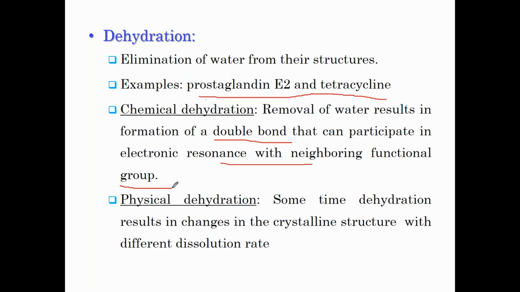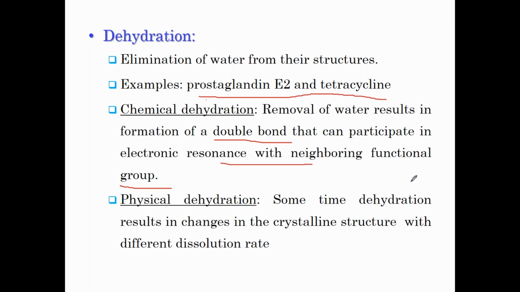What I understand is that it's a chemical interaction, so chemical changes should happen, and that change is happening because of the formation of the double bond. What happens when the double bond is formed? That results in electronic resonance with the neighboring functional group, which is the functional group present in the drug molecule.